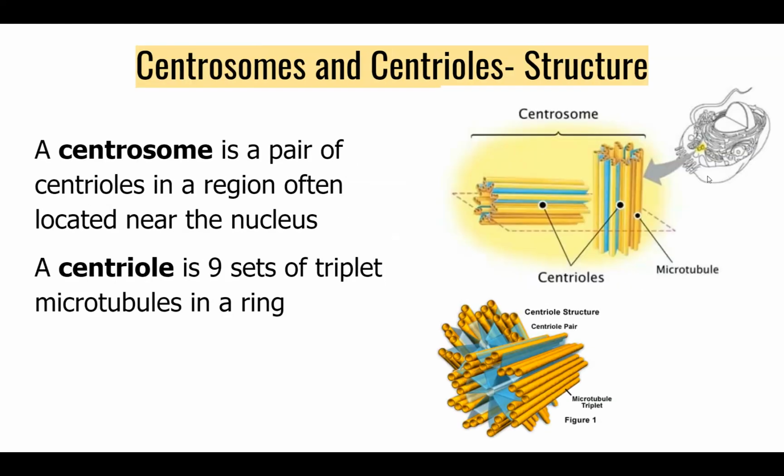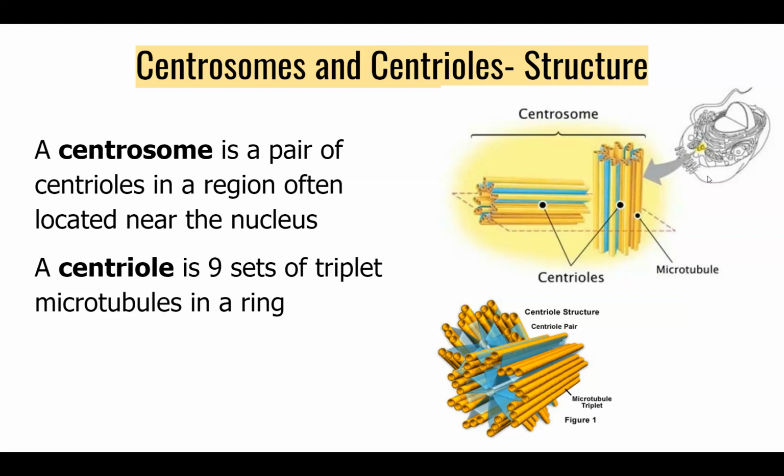So we're going to talk about specific types or structures that are built out of microtubules. The first of which are our centrosomes and centrioles. A centrosome is a pair of centrioles in a region often located near the nucleus.